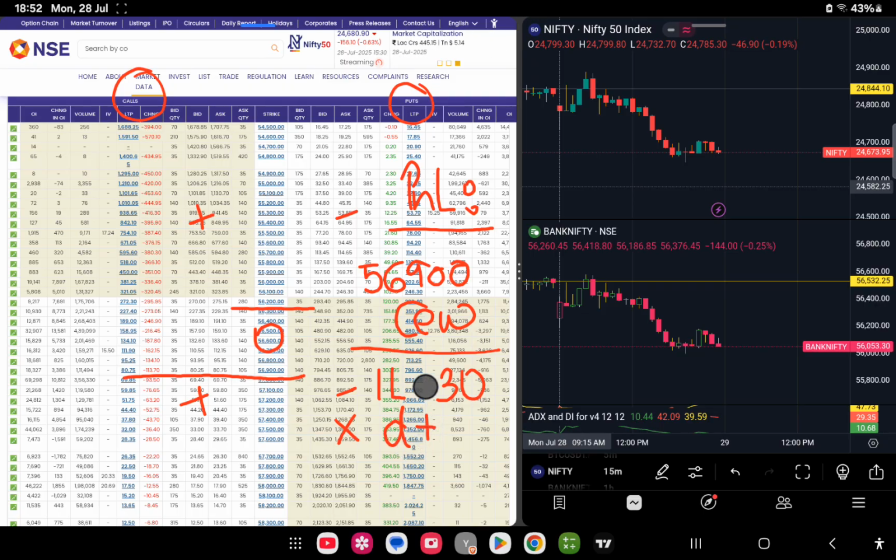Positive decay is 113. So let's take a round figure of 100. Now you do the calculation. It's positive 3000 plus tax and brokerage. So this is the profit.